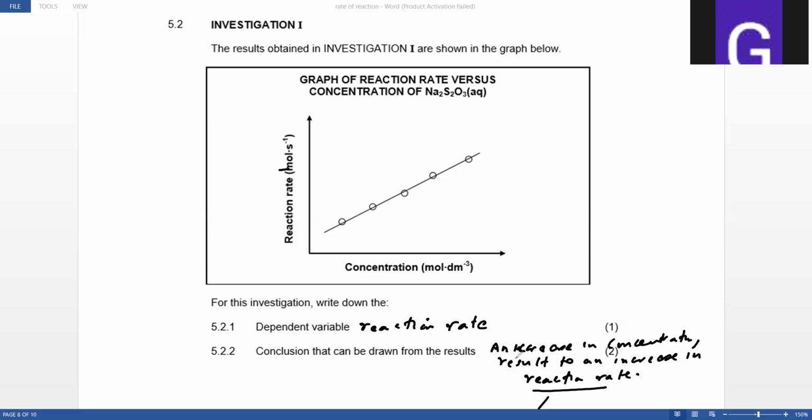You can even say the higher the concentration, the faster the rate of reaction, or there's a direct proportion between the two.